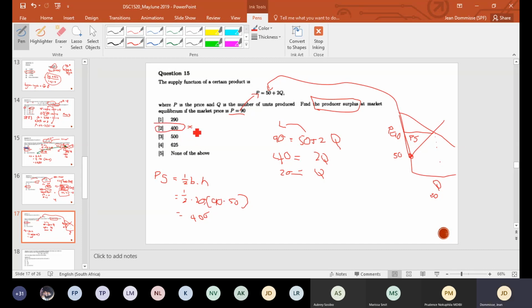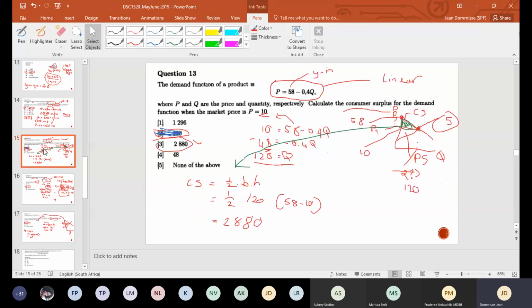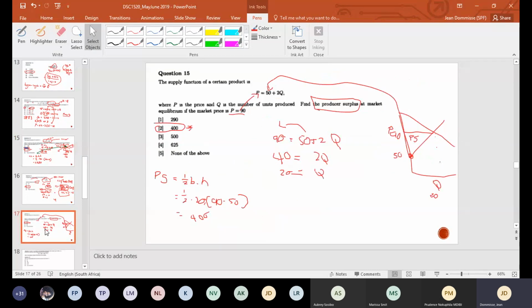Okay, so for me, nearly question 15 and question 13 are the easier ones, because that's the straightforward consumer and producer surplus.